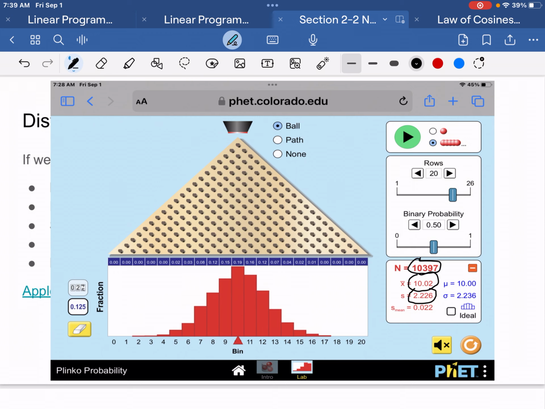Well, I want you to pay attention to this, and we'll explain it more on the next slide. If I take the mean minus one standard deviation, that's 10.02 minus 2.226. Well, let's see, I'm going to have to grab my actual calculator and get that answer.